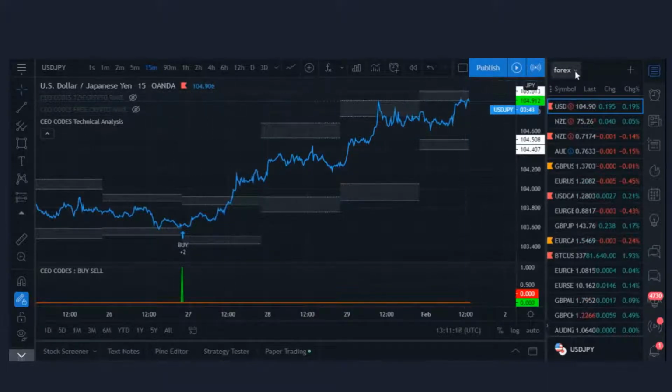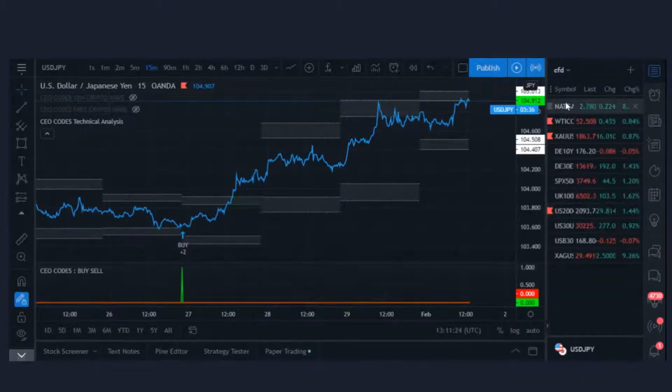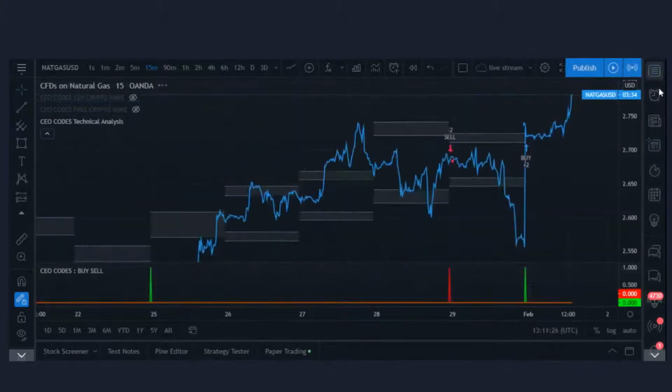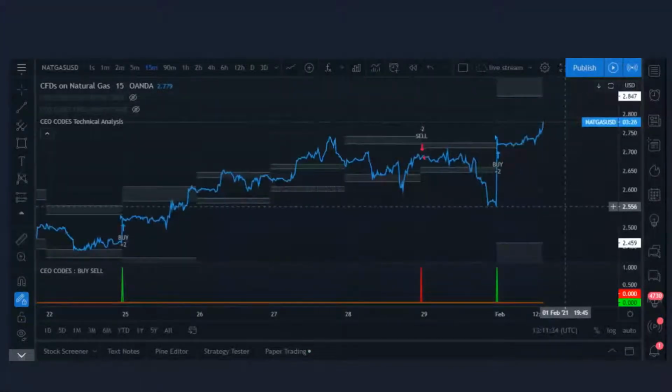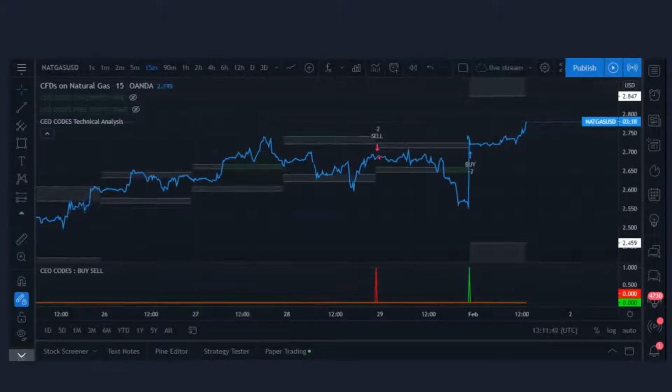And yesterday at the open, it was natural gas. I think it had a really big spike there, from 2.5 to 2.7. It was a really huge spike.